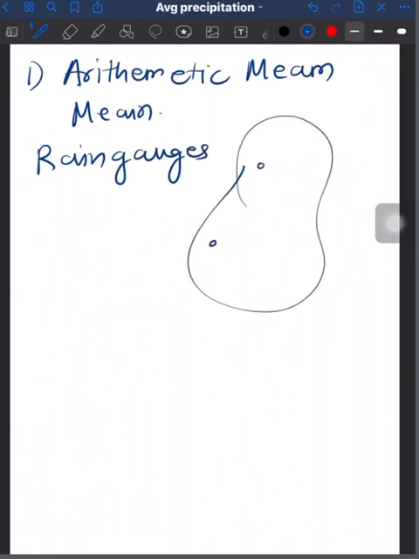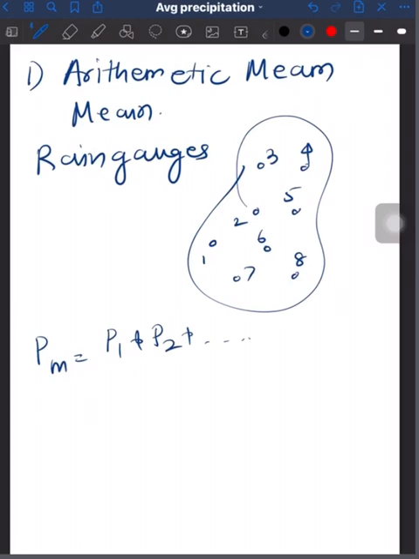We have different rain gauges situated, and suppose this is 1 2 3 4 5 6 7 8, we simply take the readings p1, p2 till pn and divide it by the number of rain gauge stations, and we get the average rainfall.